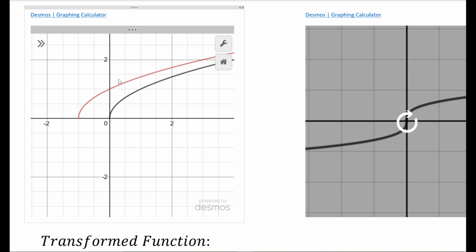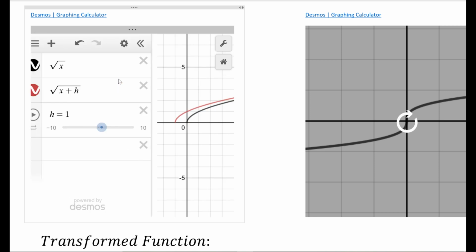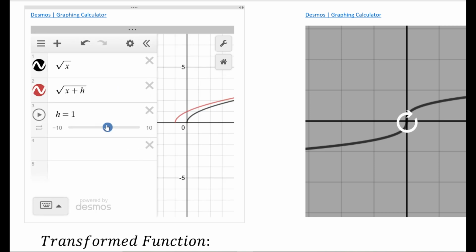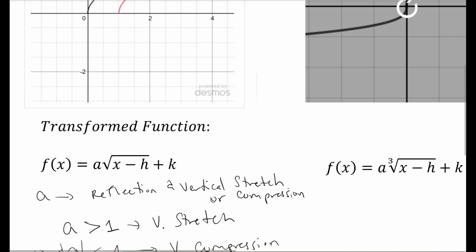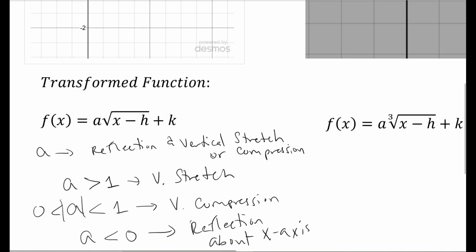So H seems to shift it to the left if H is a positive number. Now, if H were to be a negative number, like -1, then in that case, it shifts it to the right instead. So if H were negative, shifts it to the right. If H were positive, shifts it to the left. So that's what H does.